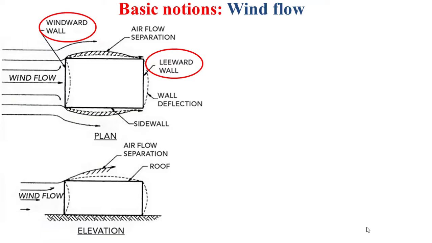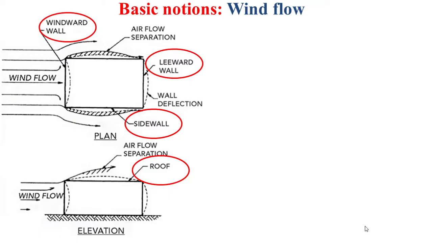And as depicted by the plan view, the wind flow is separated across the side wall, and also across the roof as depicted by the elevation view.